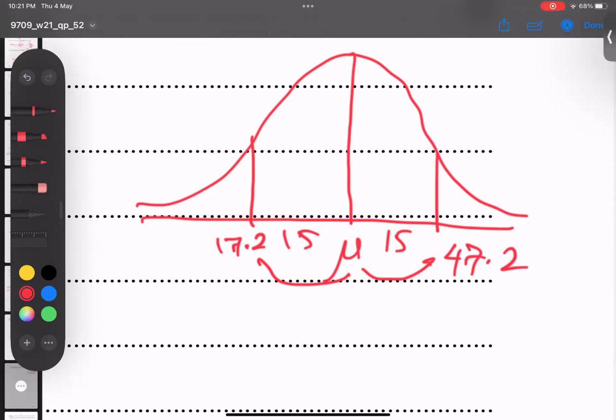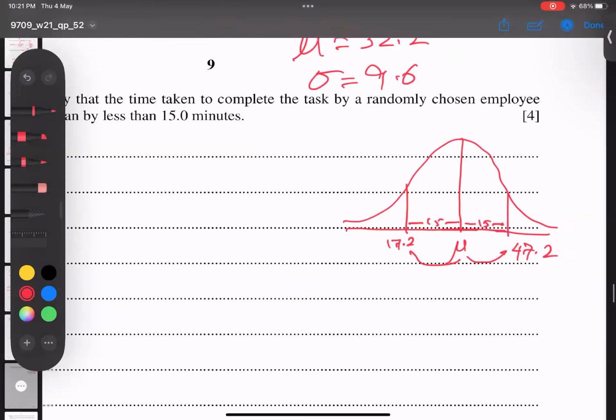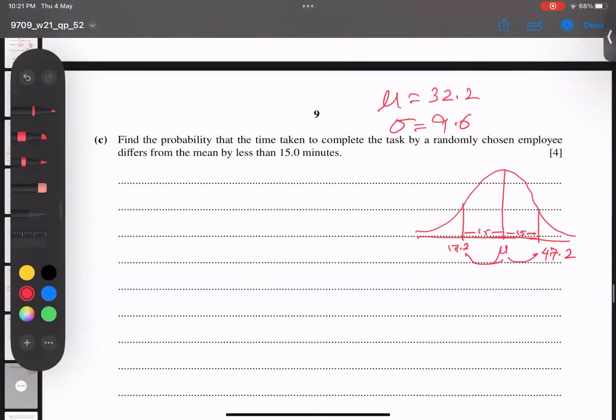Wait a minute, I shift these two values, not here. It's confusing. So the 15 gap is this and the 15 gap is this. I hope it's clear now. Let me repeat the question: a chosen employee differs from the mean by less than 15 minutes.